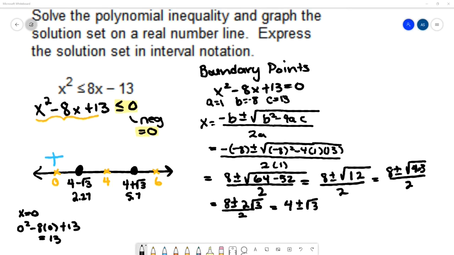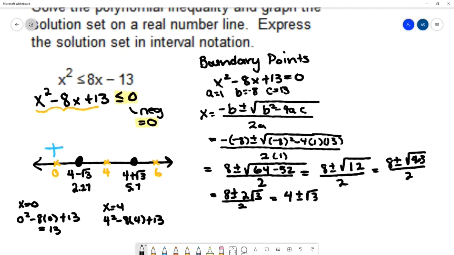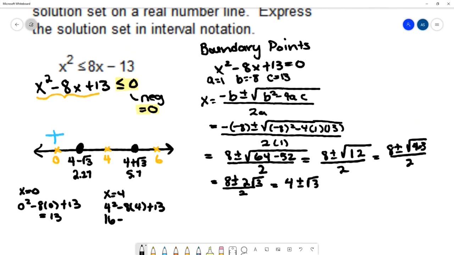And then we're going to continue to test x equals 4, the next test point. That would be 4 squared minus 8 times 4 plus 13. So let's see, that's 16 minus 32 plus 13. That's a negative 16 plus 13. That works out to be negative 3. So in this interval, our y values are negative.